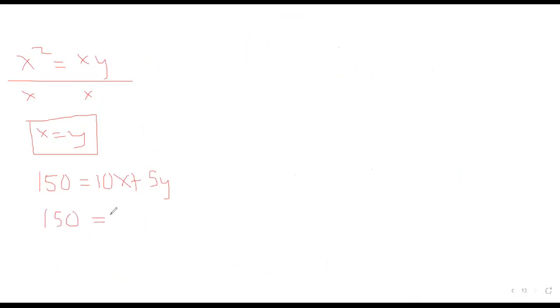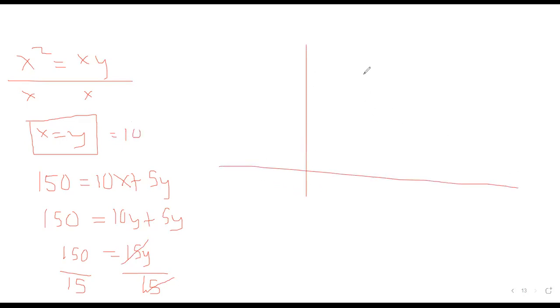Where there's x, we put y. So here we're going to have 10y plus 5y, which will give us 150 is equal to 15y. And we divide both sides by 15, meaning our y therefore will be equal to 10. So since x is y, the value for x and the value for y are the same.